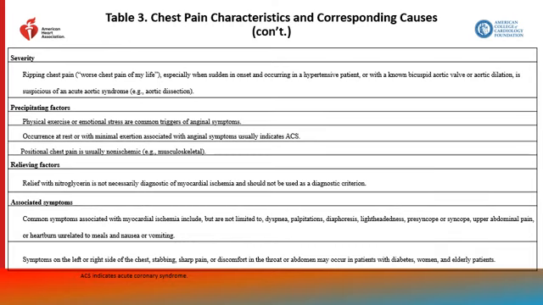Severity of the pain. It's very important. Severe from the start, sudden and severe, or it's built over a few minutes. Anginal pain is built over a few minutes. Why? Acute aortic dissection is acute from the start. Precipitating factors: myocardial ischemia or acute coronary syndrome.